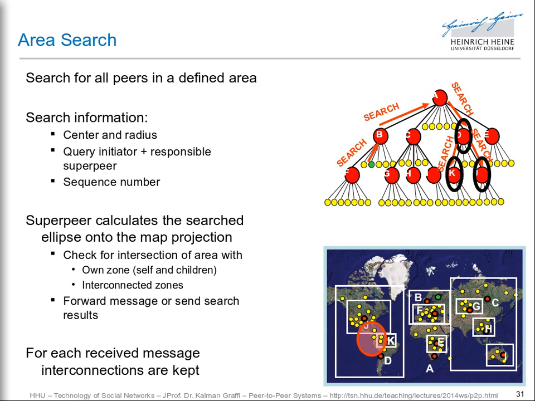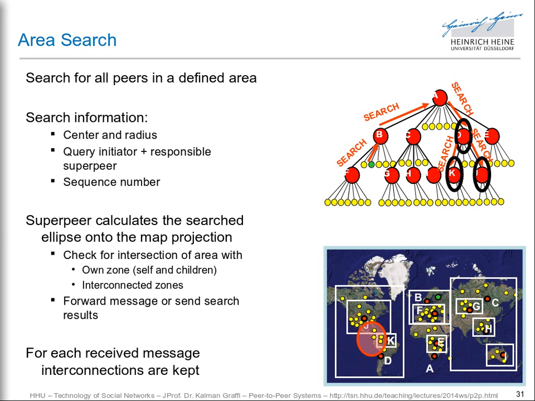A is the one who is owning the whole area, so for sure this area is inside its zone, and it forwards the message to the zone which is covering this area, which is the zone D. You can see it in the tree structure here.